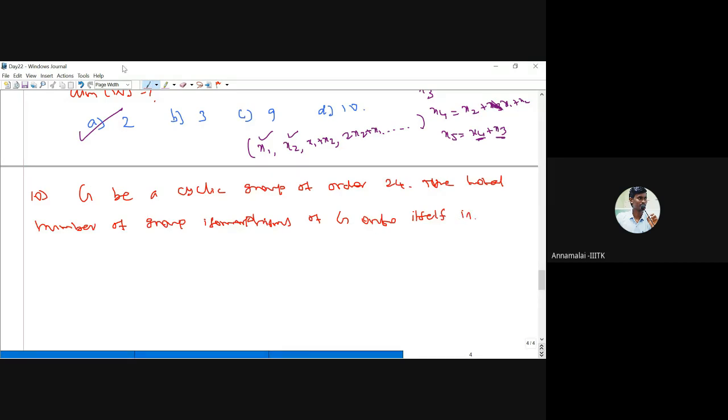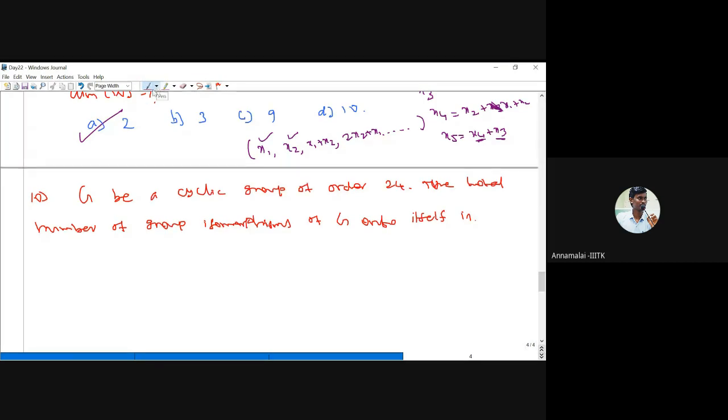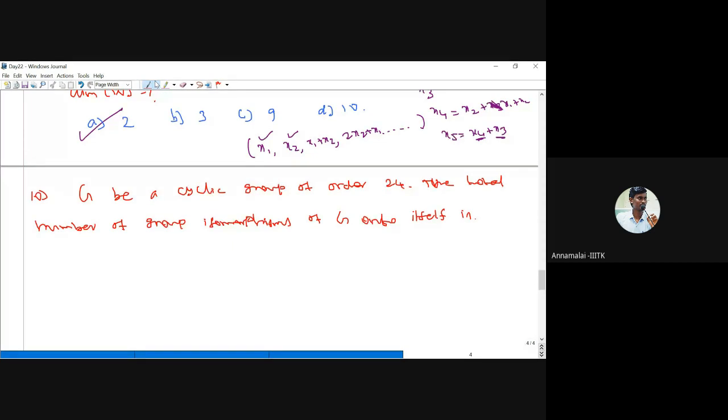I already said that an isomorphism where the domain and codomain are the same set, we call it an automorphism. And the number of automorphisms in a finite cyclic group of order n is nothing but phi of n. So here phi of 24.